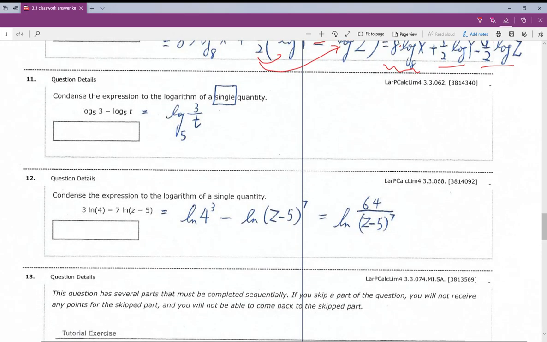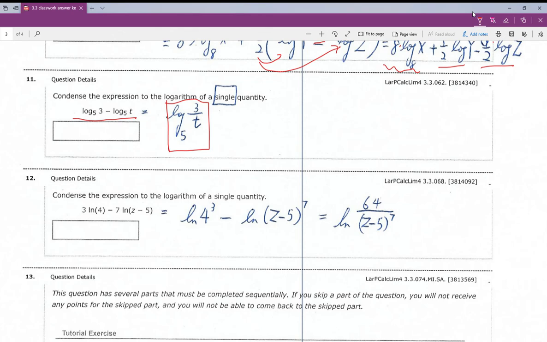Number 11. Now starting from number 11 it is backward. Right now I give you two separate expressions connected by subtraction. Can you put them together inside just one log? Now the log base 5, you still keep base 5.